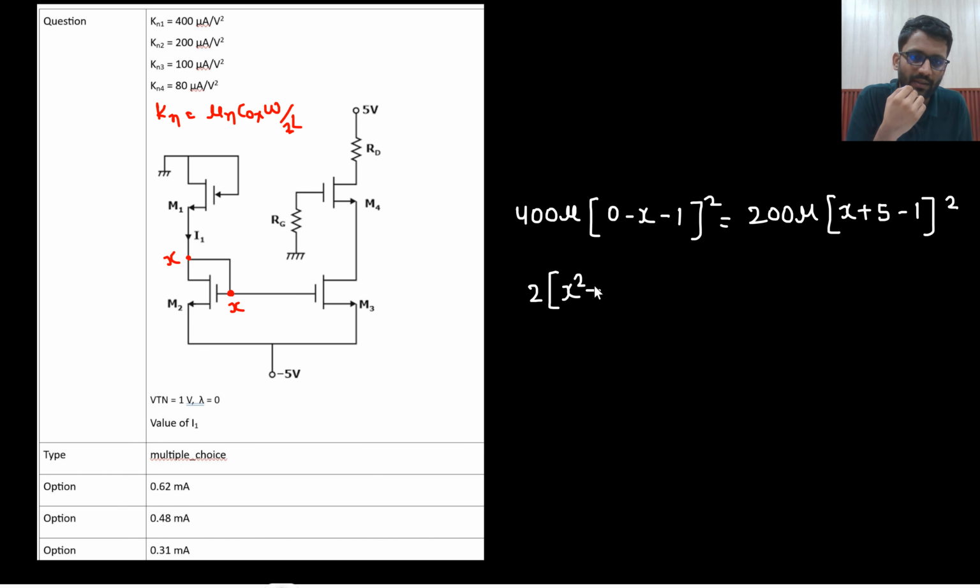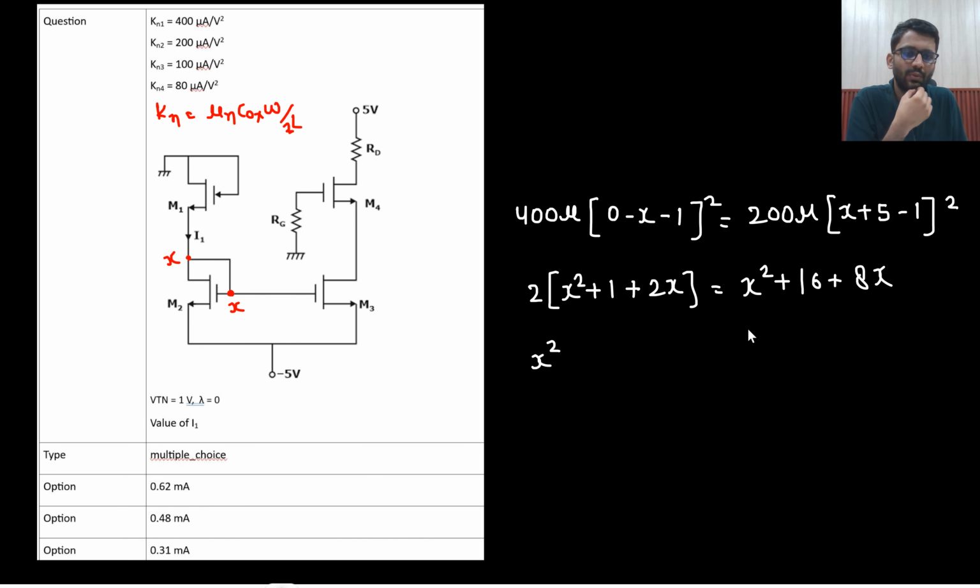So X square plus 1 plus 2X, and here X square, X plus 4 it would be, right? X square plus 16 plus 8X. So 2X square minus X square would be X square, plus 2 minus 16 would be minus 14, and better minus 14 we will write later on. 4X minus 8X, that would be minus 4X.